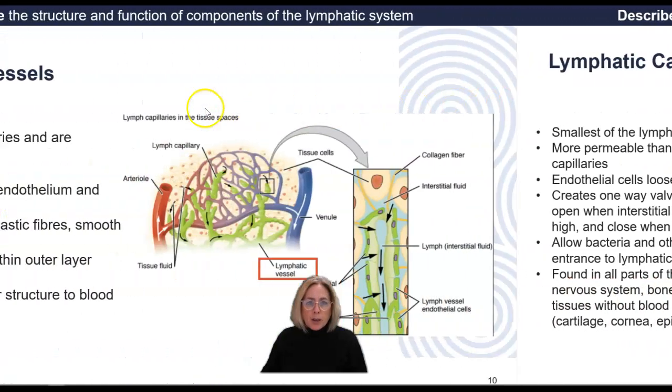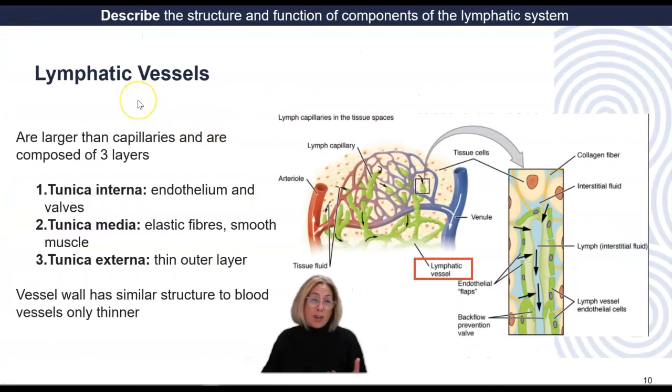Now, the lymphatic capillaries join to form larger lymphatic vessels. And these are fairly similar to small veins. They are larger than capillaries, and they're composed of those three layers that we learned about when we were talking about arteries and veins. So they have the tunica interna, which consists of endothelium and also valves.